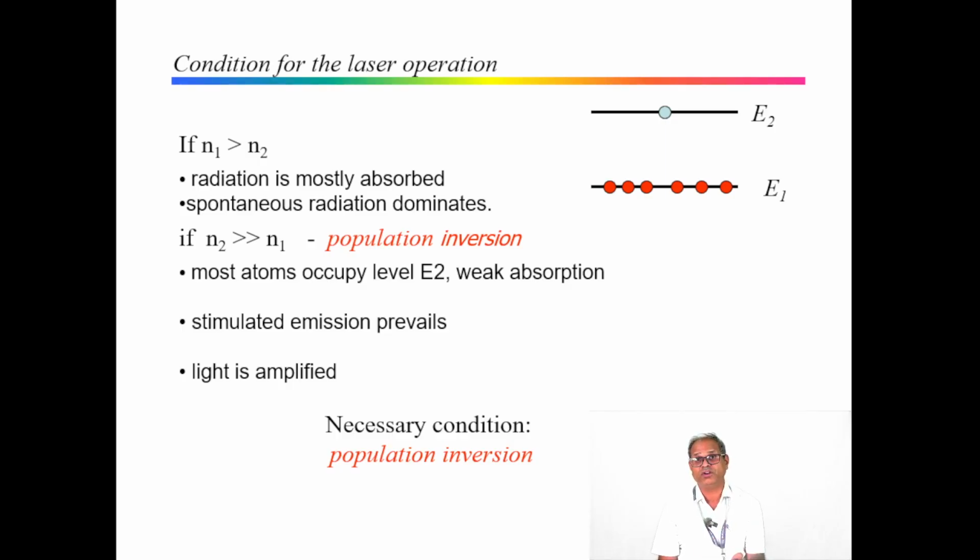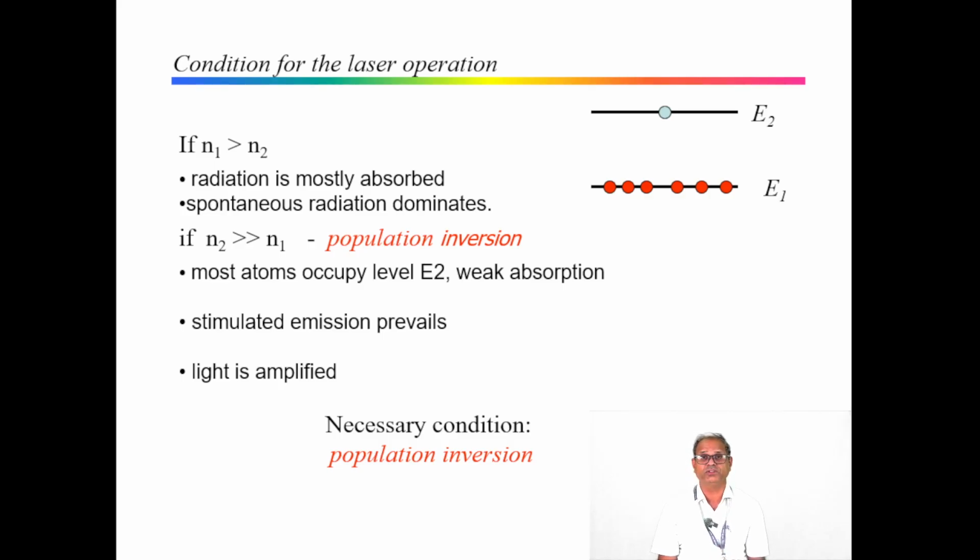So, the condition of population, that is number of atoms in E1 and E2, becomes reversed, that is N2 is very much greater than N1. This process is very important, which we are calling population inversion. Population inversion is nothing but making the number of atoms in the excited state, that is E2 state, large as compared to the number of atoms in E1 state. So, that condition is called population inversion, that is N2 is very much greater than N1.